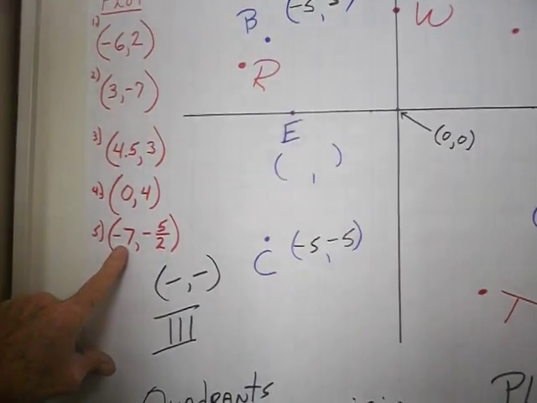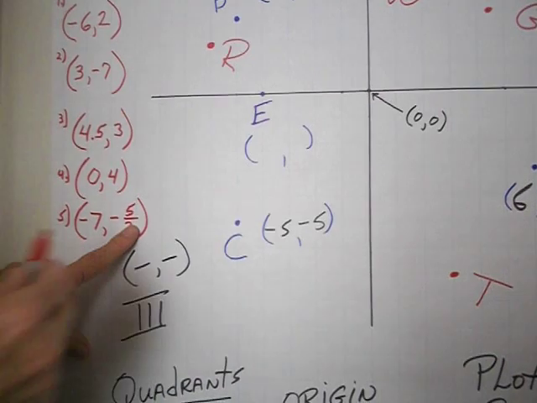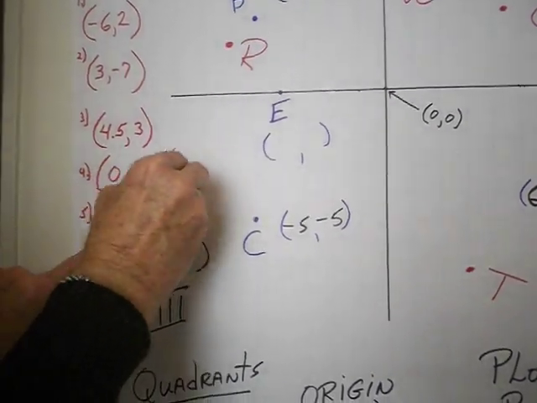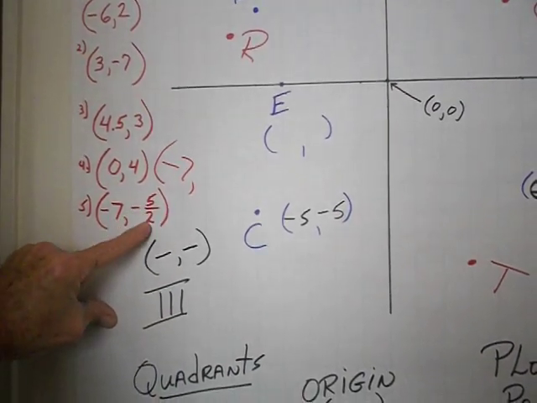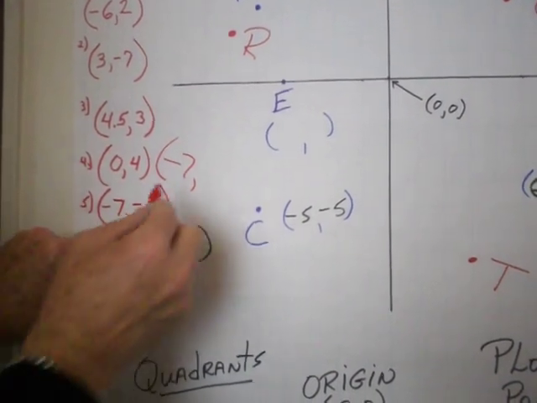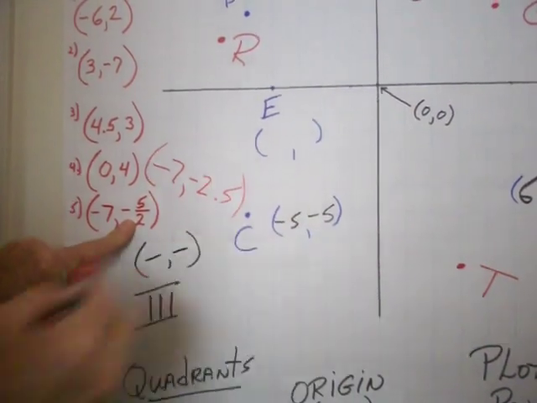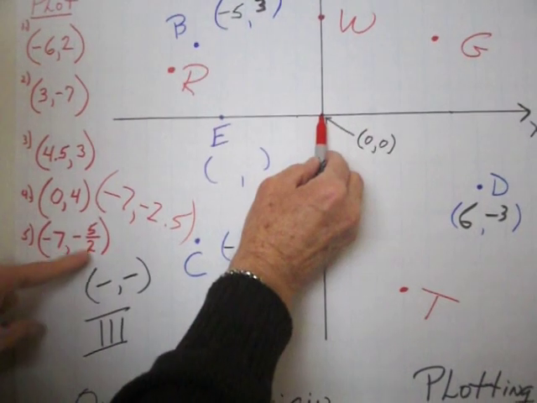And then negative 7, negative 5 over 2. Another way of thinking of this would be maybe negative 7, negative 2.5. If we divide 5 by 2, that'll get us a negative 2.5. Hopefully I'll have some room right here. Begin at the origin.